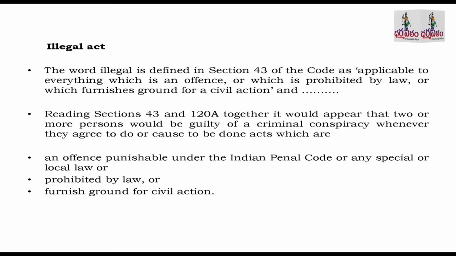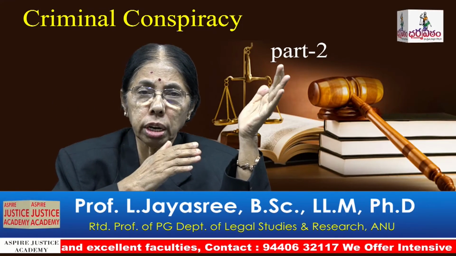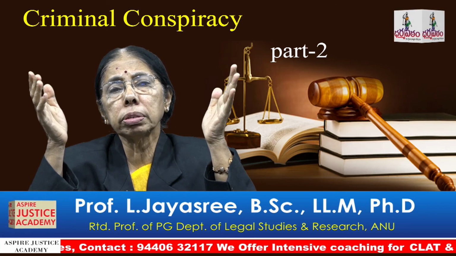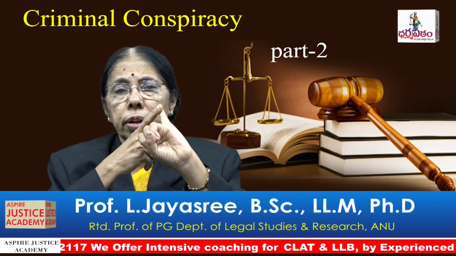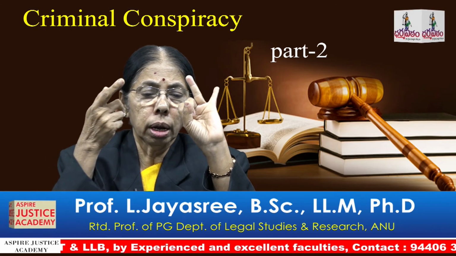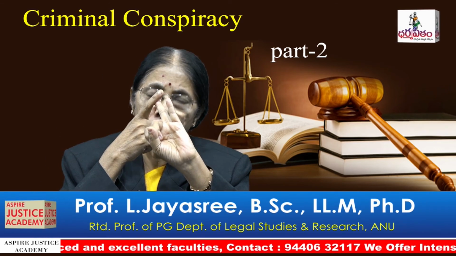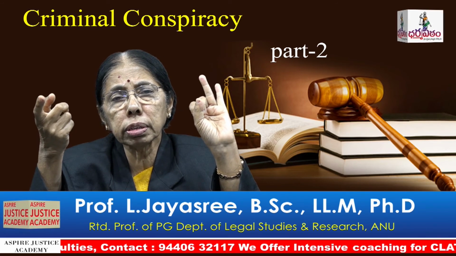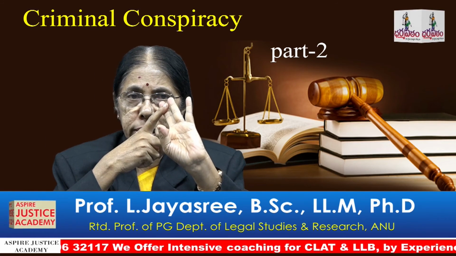If you read Section 43 with 120A, 2 or more persons entered into an agreement to do an offense, or to do a ground for civil action, or to do a prohibited act.